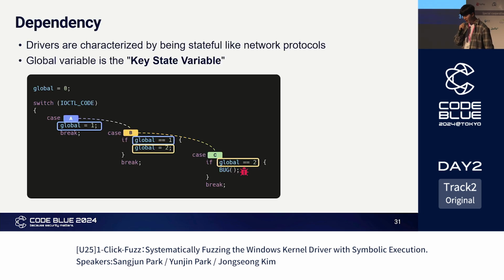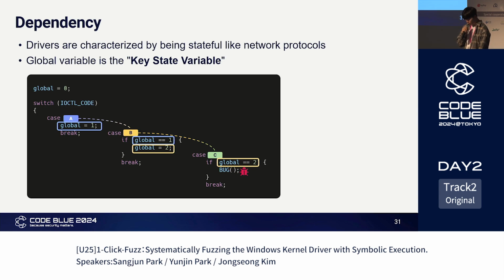However, as we mentioned before, there is another constraint called stateful. When we take a broader view of the constraints for an I/O control code, buffer length is not the only constraint. Each device I/O control code handled by the driver can have dependencies between global variables.